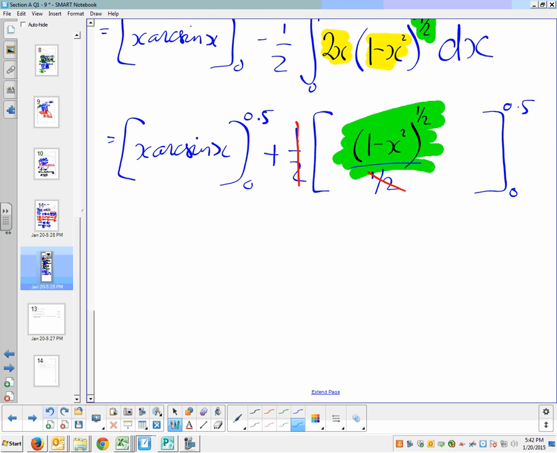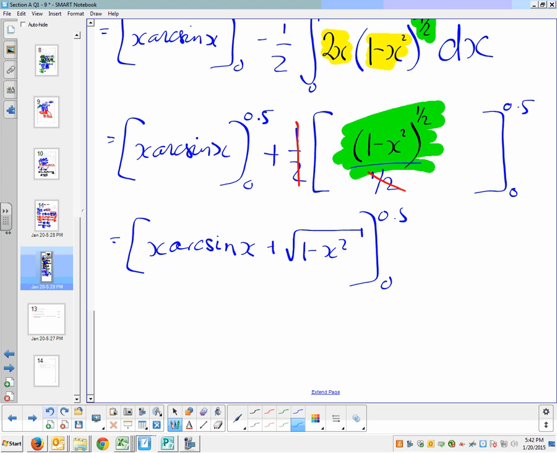Right, let's evaluate this then using my input. Well, actually, let's write it out like this. It's x arc sine x plus the square root of 1 minus x squared evaluated from 0 to 0.5.